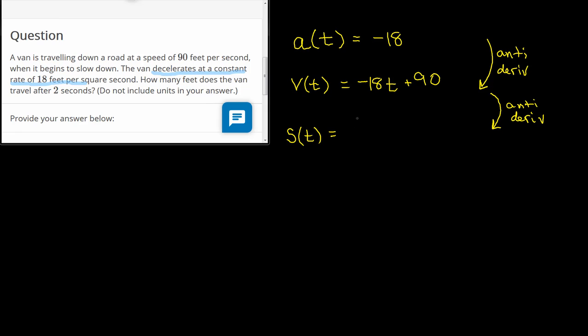This is going to be negative 9 times t squared, plus 90t, and then again plus an unknown constant, because whenever you find an antiderivative, you have an unknown constant.